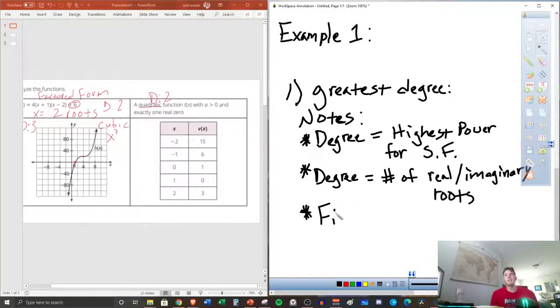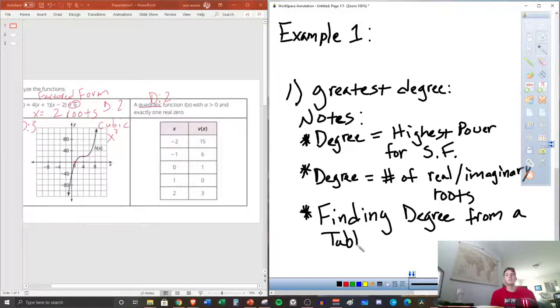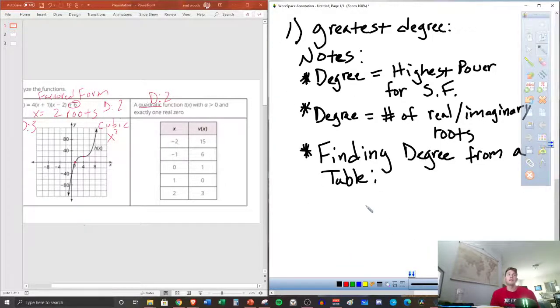So, finding degree from a table. And this is a very important skill for integrated math 3. We're going to write down some steps. We've never seen this before. I don't think you would have done it in iMath 2. So here's the first step.